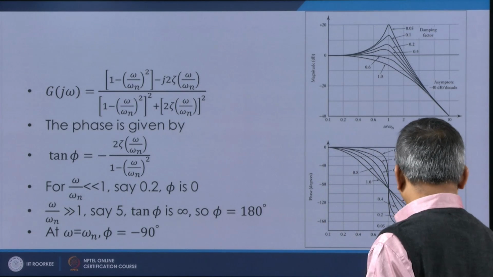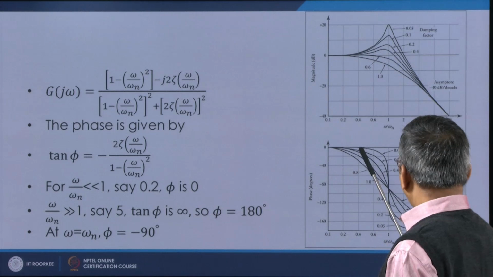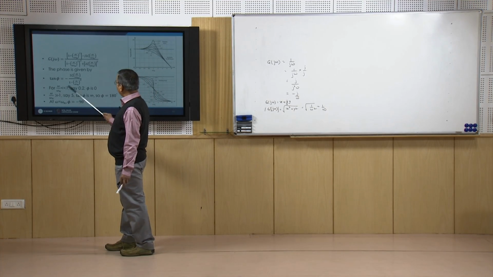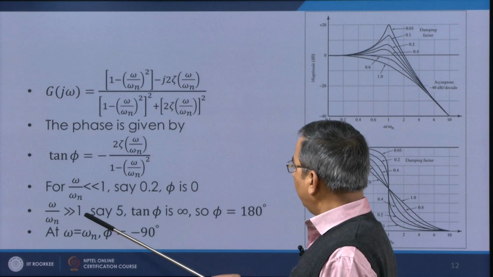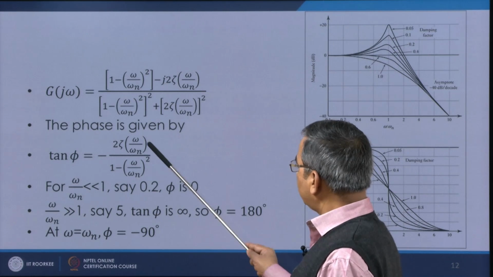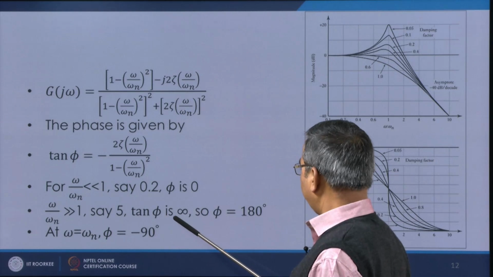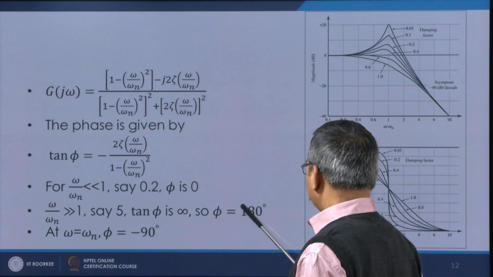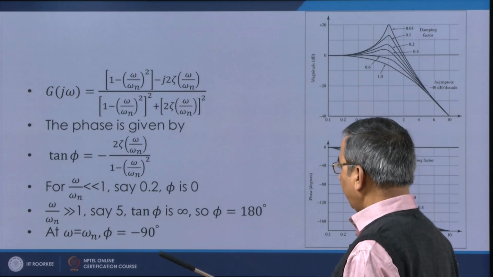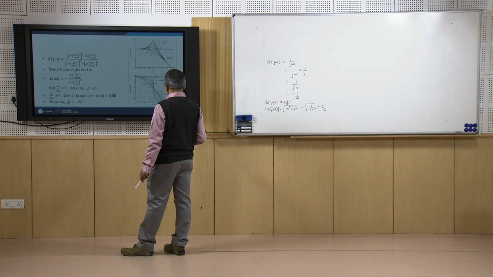So, here for omega by omega n less than 1, you have this value almost 0. And if omega by omega n is very much greater than 1, then this value is going to be high, so we can take tan phi as infinity, and so phi is equal to 180, and so this value will be 180.